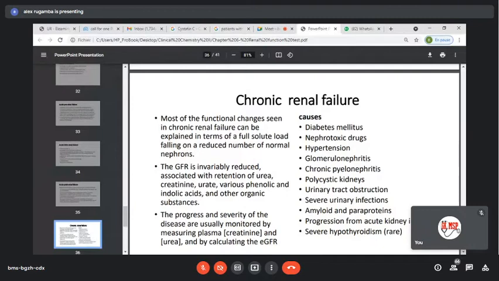In the case of Escherichia infections and trichomonas infections, all those may cause chronic renal failure. In the case of hypertension too. Those are examples of pathological conditions that may lead to chronic renal failure.